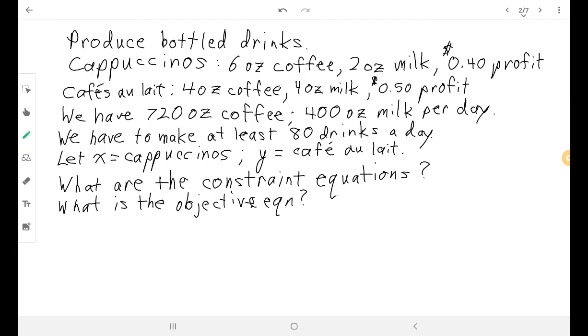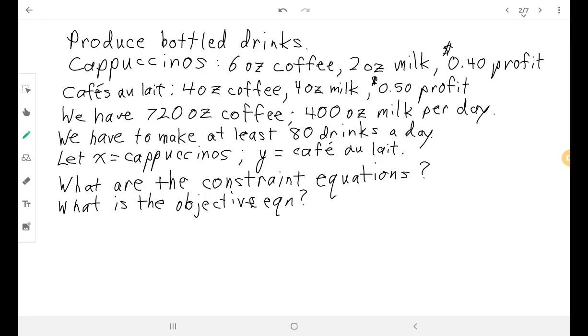And then the objective equation is the one that we are going to optimize, either maximize or minimize, depending on what makes the most sense for this particular problem. In this case, the objective would be to maximize profit.